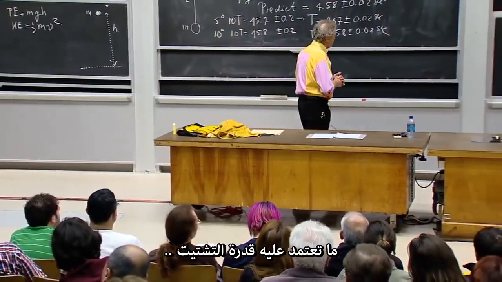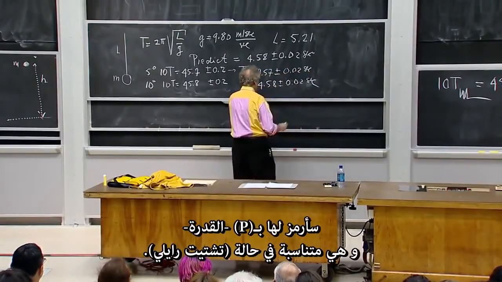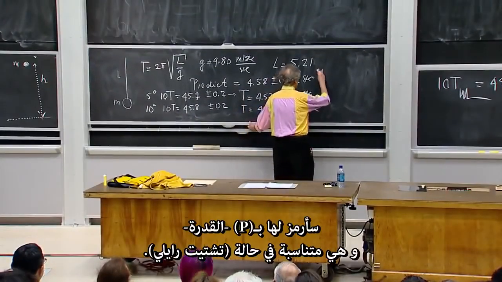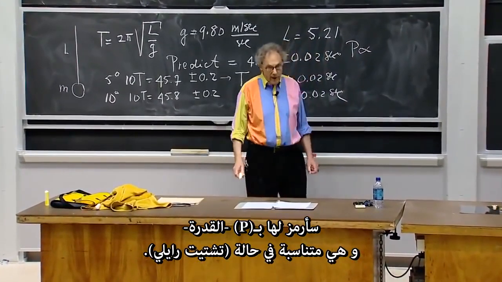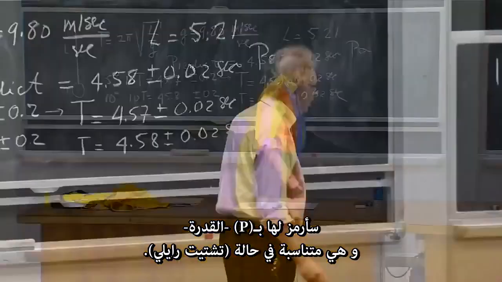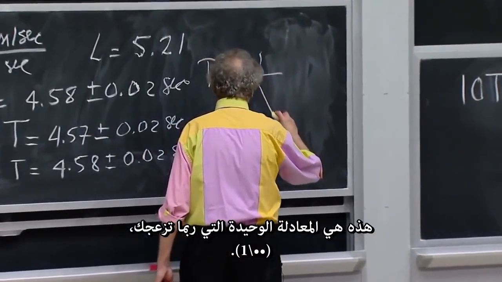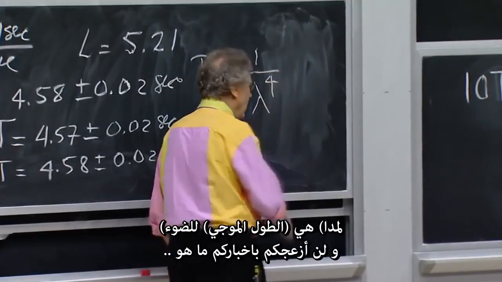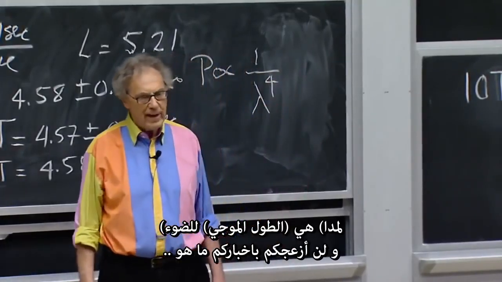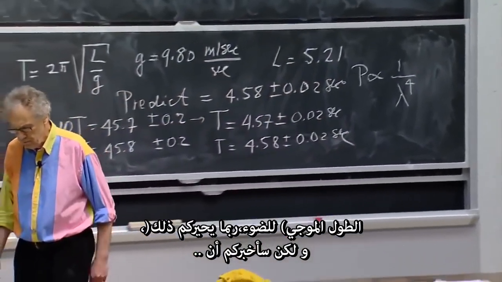The dependence of the power of scattering, so I'll give that P, the power, is proportional, when we have Rayleigh scattering, this is the only equation that may bother you, to 1 over lambda to the 4th, and lambda is the wavelength of light. And I will not bother you to tell you what the wavelength of light is. That may confuse you.